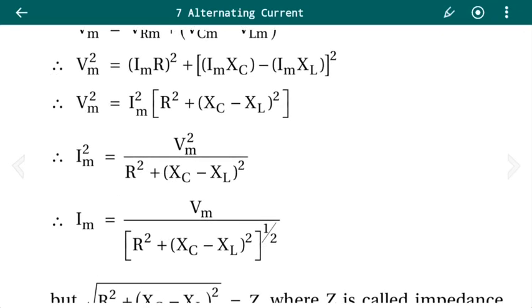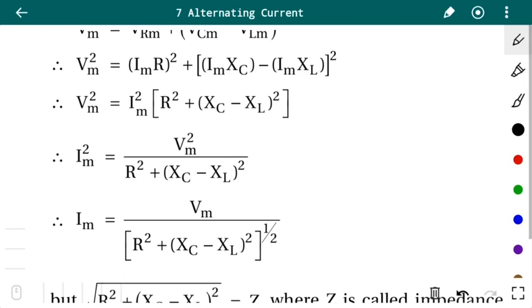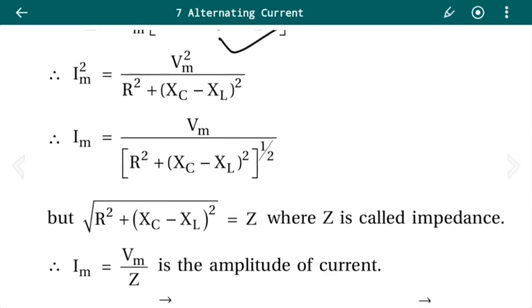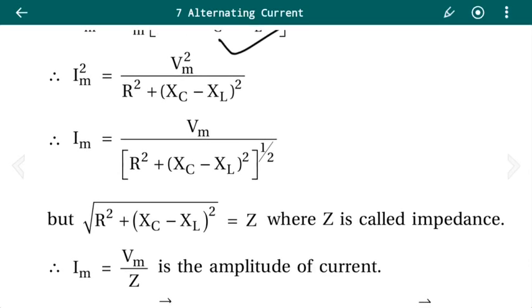Here we need to find the current, so taking current as the subject and taking this term to the other side, we get Im square equals Vm square upon R square plus Xc minus Xl whole square. Taking root on both sides, we get Im equals Vm upon under root R square plus Xc minus Xl whole square.